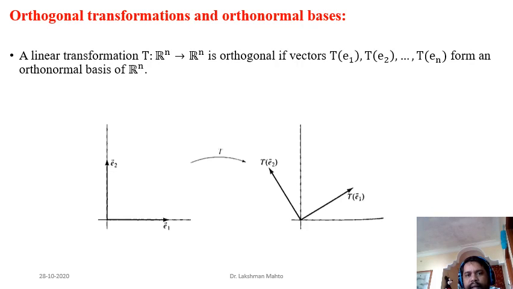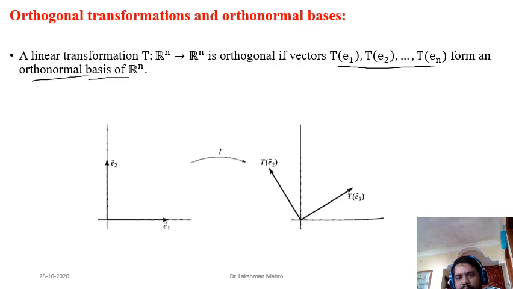Another property with respect to basis: if you have a linear transformation T from Rn to Rn, then we say it is orthogonal if the images of the standard basis elements form an orthonormal basis of Rn. Suppose you have any linear transformation and you don't know whether it is an orthogonal transformation or not.